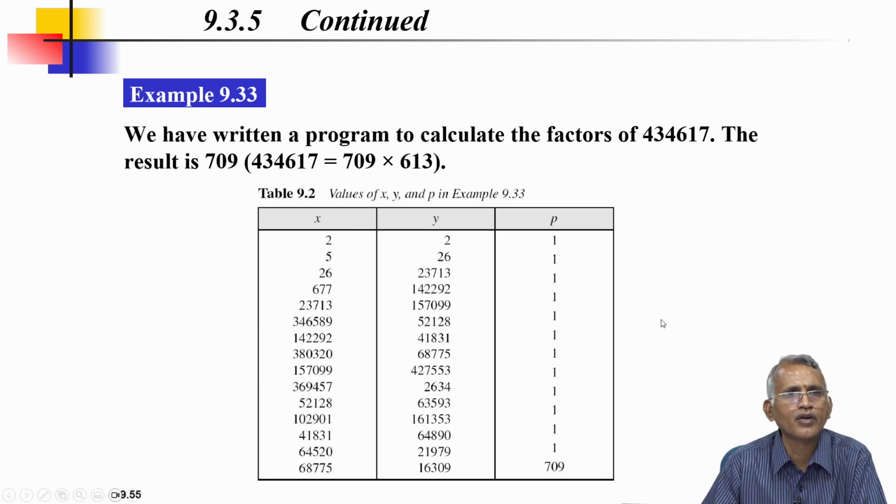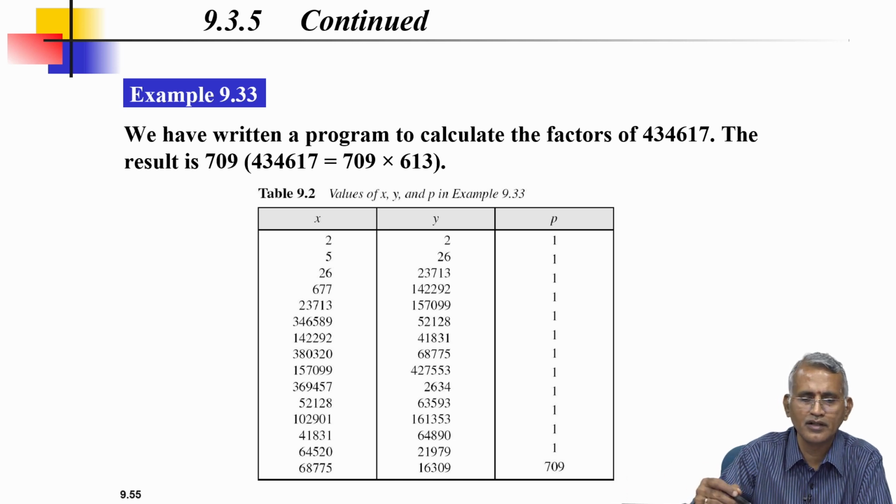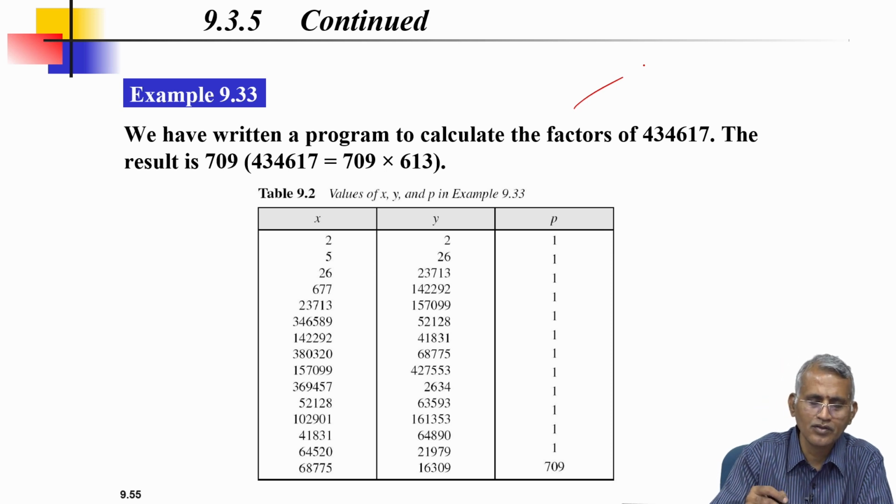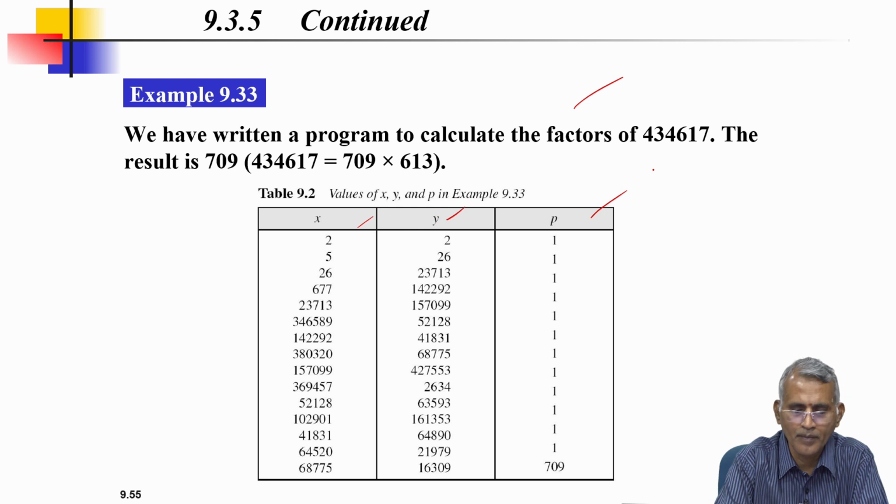So, we have written a program to calculate the factors of 434617. The result is 709, and 434617 equals 709 into 613. Now, the value of x comma y in example 933, when x equal to 2 and y equal to 2 and p is 1.